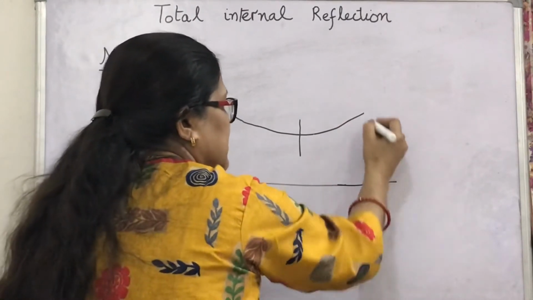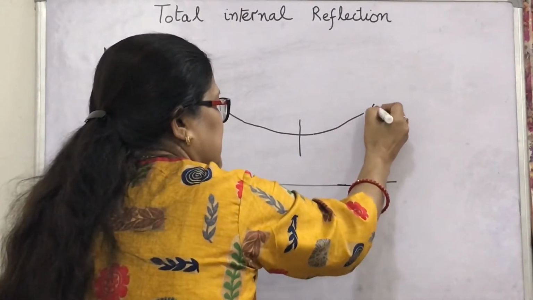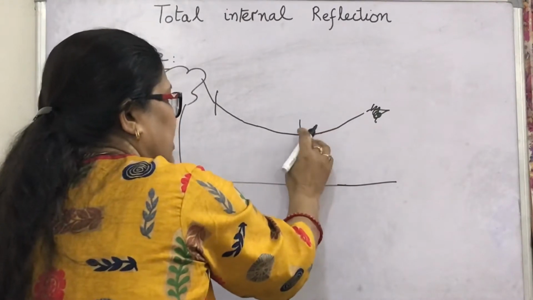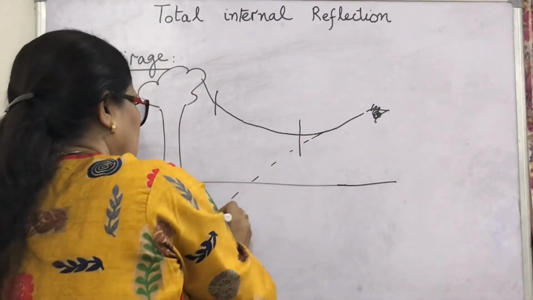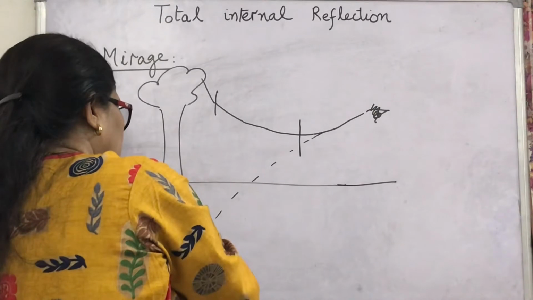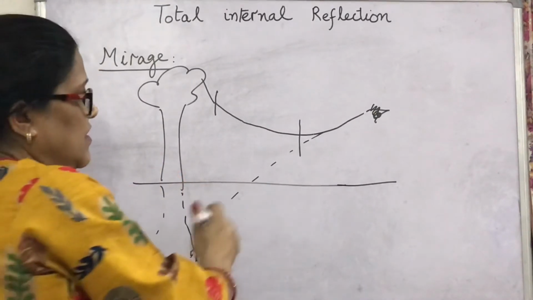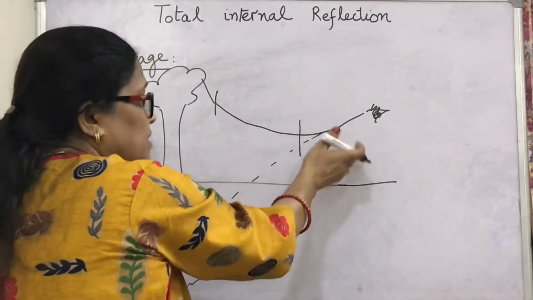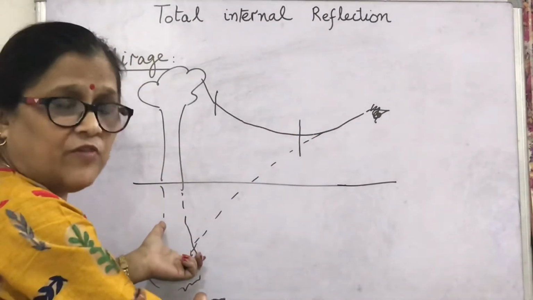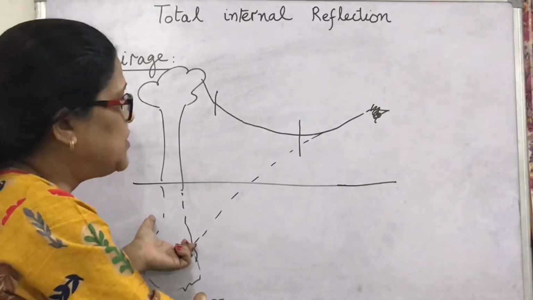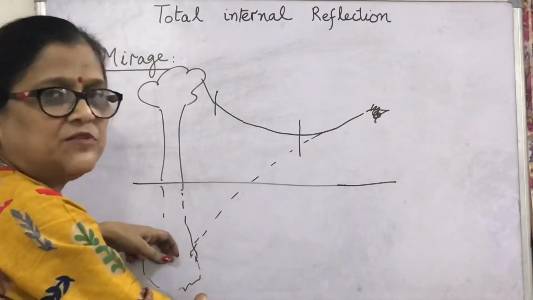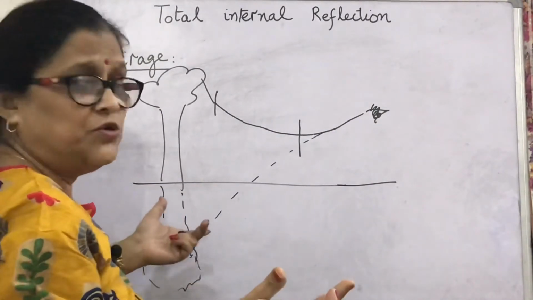So what happens? If the observer is present here, then on extending back, it seems that the shadow of the tree is here. Then the observer thinks that there is some water present here, and in search of water the observer comes, but there is no water.